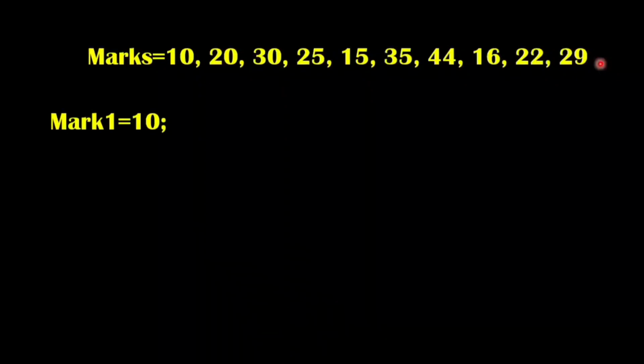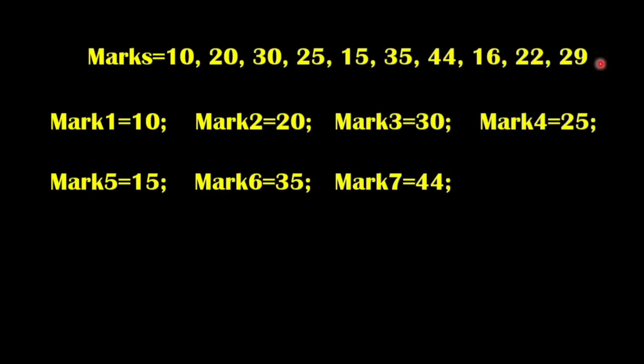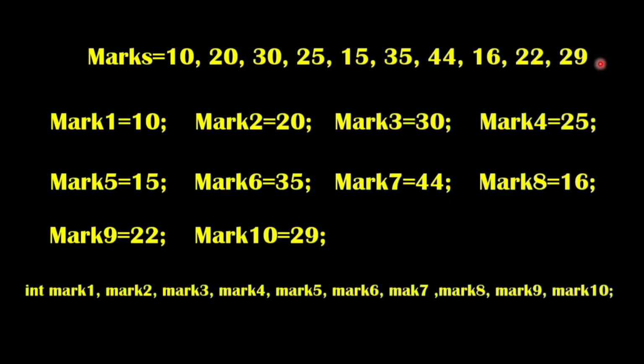We can write mark1 = 10, mark2 = 20, mark3 = 30, mark4 = 25, mark5 = 15, mark6 = 35, mark7 = 44, mark8 = 16, mark9 = 22 and mark10 = 29. If you want to store 100 numbers like this, what will you do? Will you declare 100 variables? Here I have declared 10 variables for storing 10 numbers.